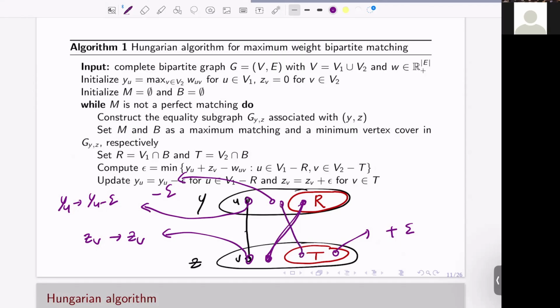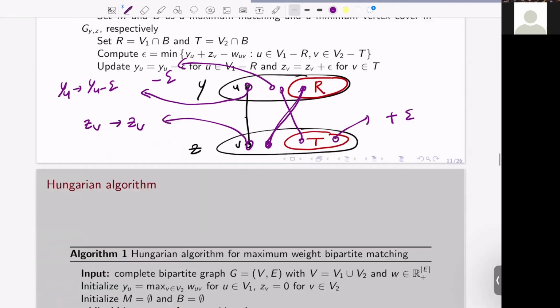Also, for this set, YU decreases but ZV increases, so they stay the same. Okay, this is the way you expand the algorithm in the equality subgraph.